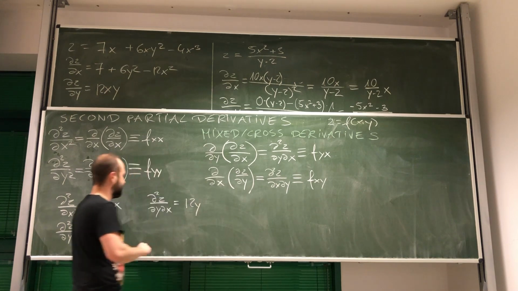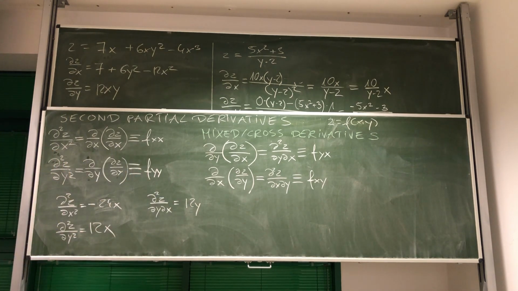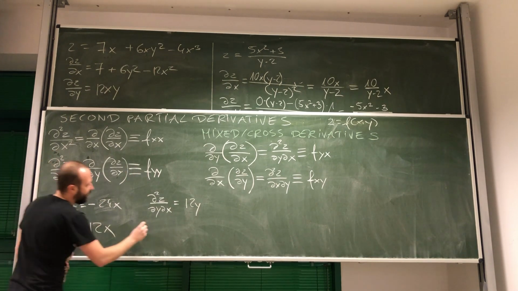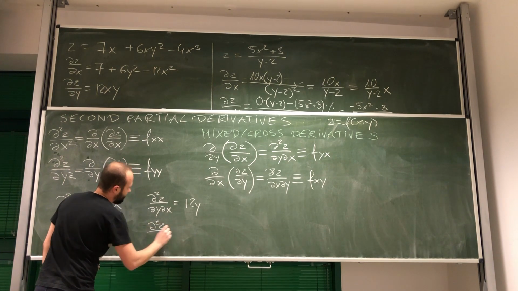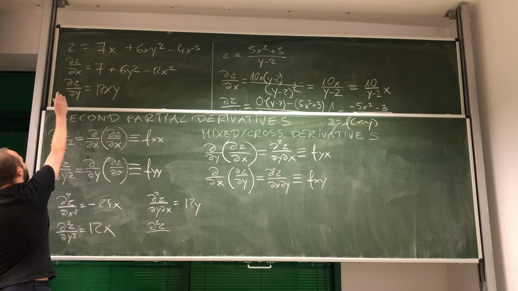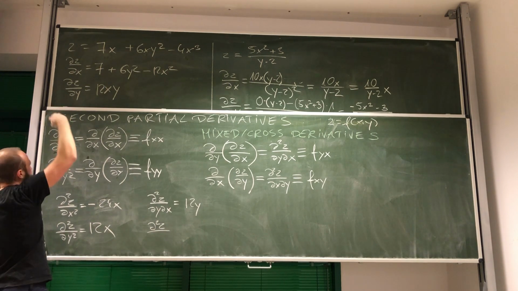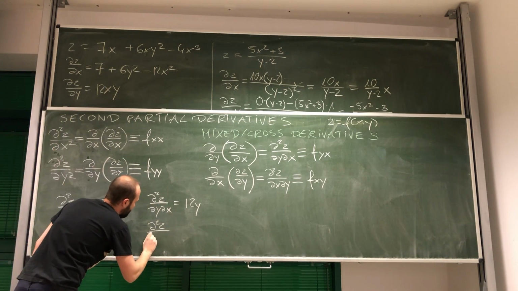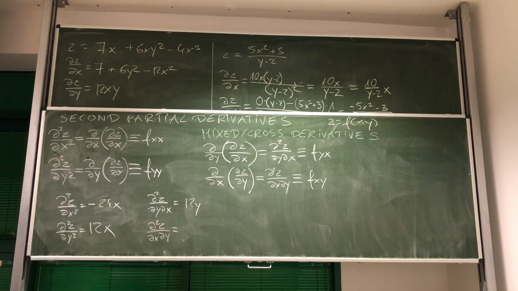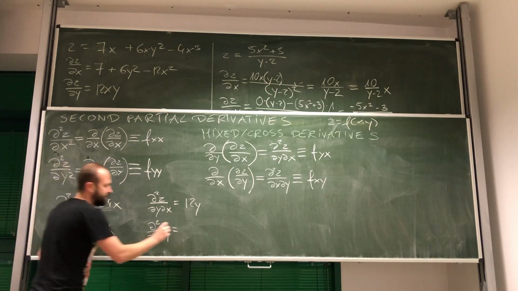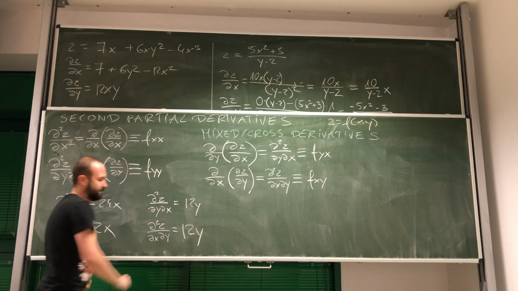Right? Now, if I'm going to finally differentiate the derivative of z with respect to y, now with respect to x, I'm going to get that this is 12y.